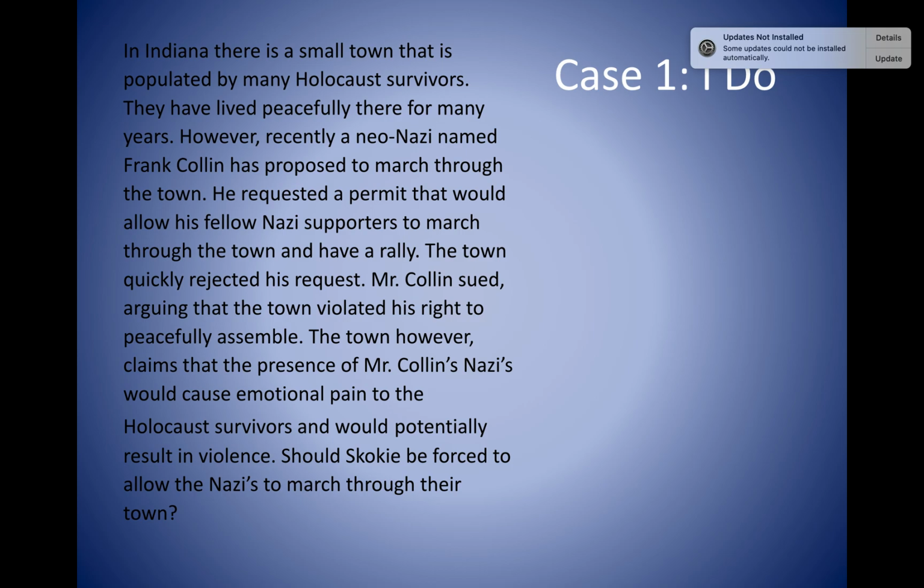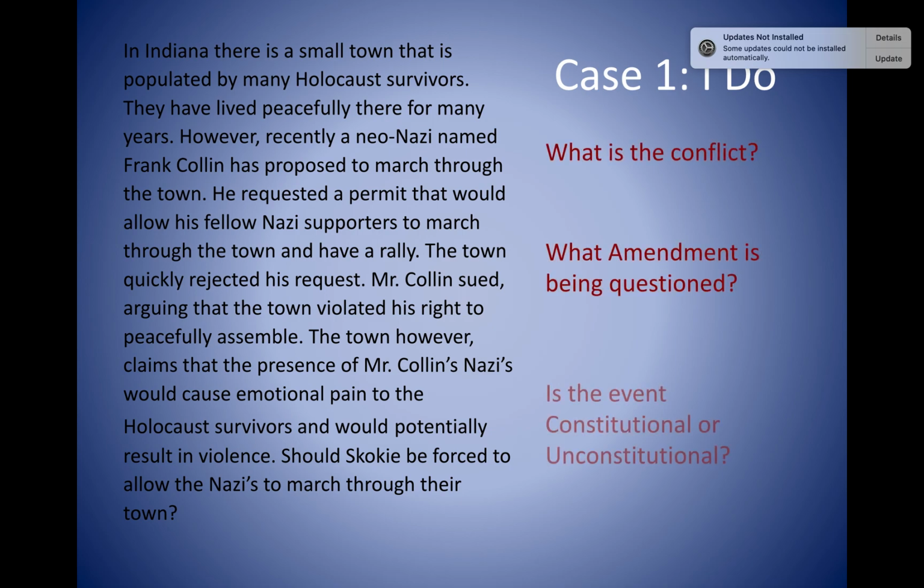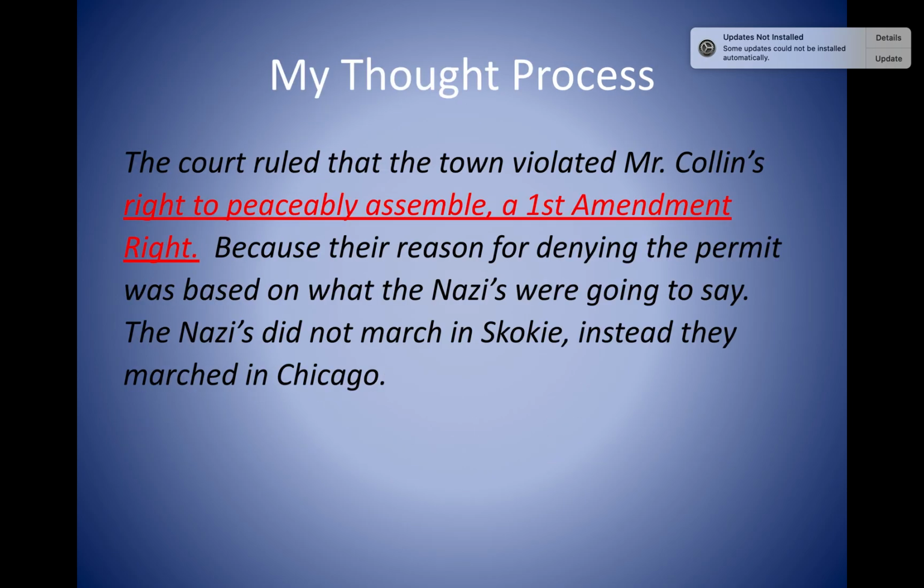All right, let's look at our decision. So what is the conflict? What amendment's in question? And is this constitutional or unconstitutional? My thought process, as I was reading through that, I was thinking to myself, okay, they used the words exactly: the right to peacefully protest or assemble, which is identified as a First Amendment right.